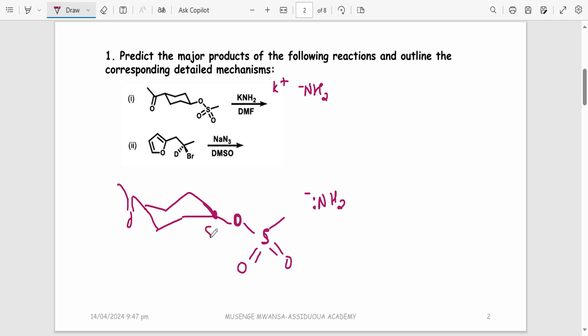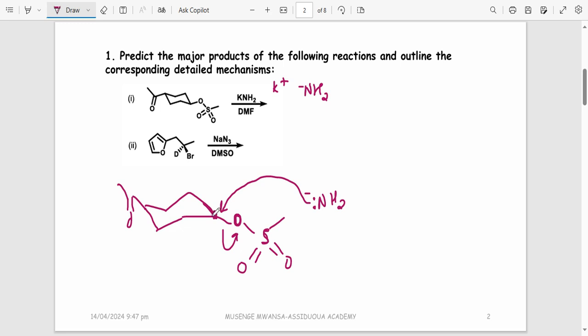But then you go for the carbon because it's the one which is more electrophilic. So we are going to be able to attack this carbon. Okay. So the reaction is going to go like that, attacking this carbon, and then this is going to leave. Now when you look at this carbon, it's bonded to how many things?